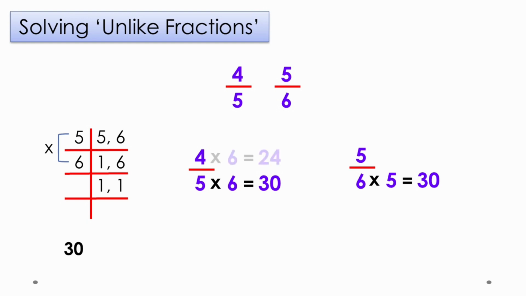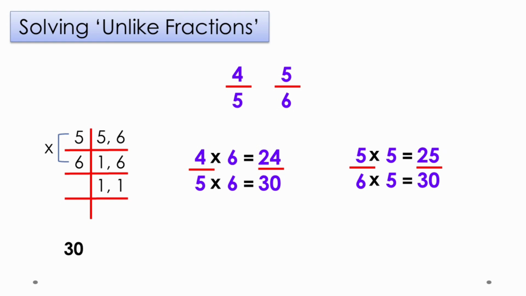So multiplying 4 by 6 gives us 24. So the first fraction becomes 24 by 30. In the similar fashion, in the second fraction, as we have multiplied the denominator by 5, we need to also multiply the numerator by 5. Doing so, we get the value of this numerator as 25 and the fraction becomes 25 by 30.